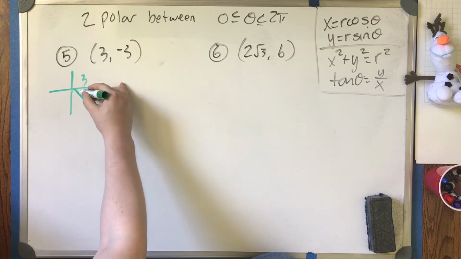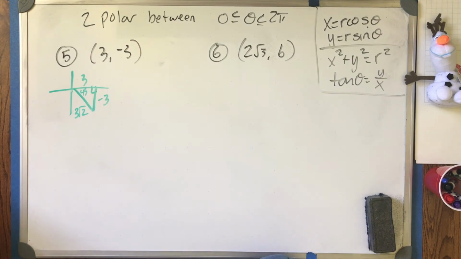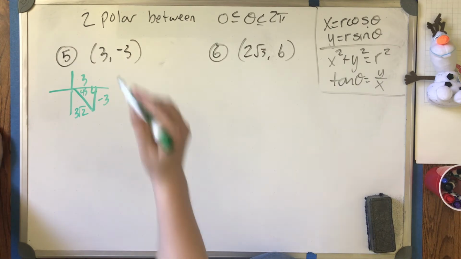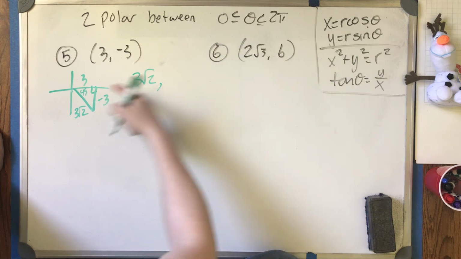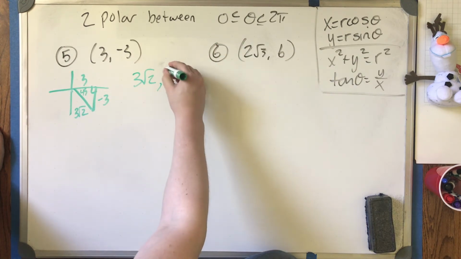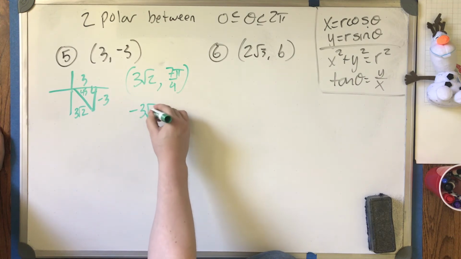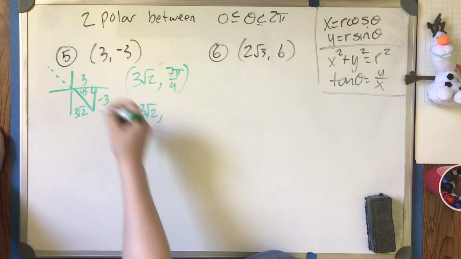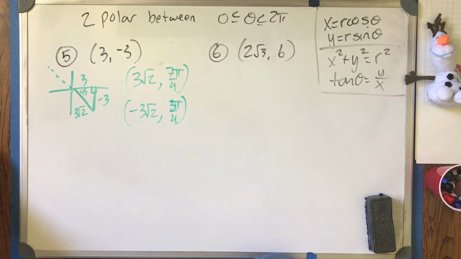So I recognize this already. This is a 45-45, so I know that the radius is going to be 3√2, following the pattern. So if I do positive, let's see, I'm going 0 to 2π, so this is going to be 7π/4. Now if I use a negative radius, then I need to end up over here, so that's going to be a positive 3π/4. And those are going to be the 2 points.